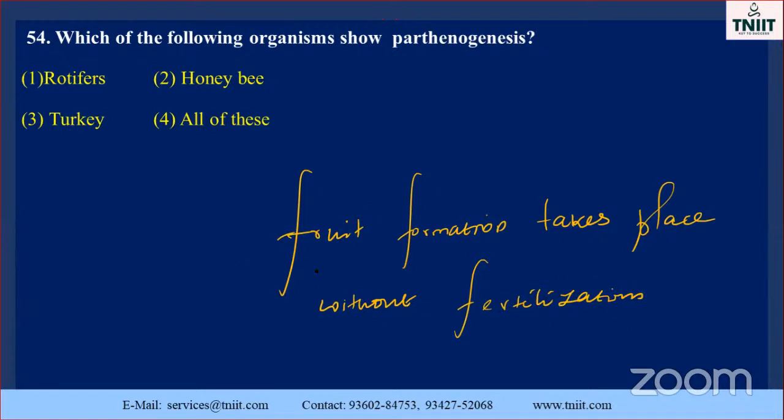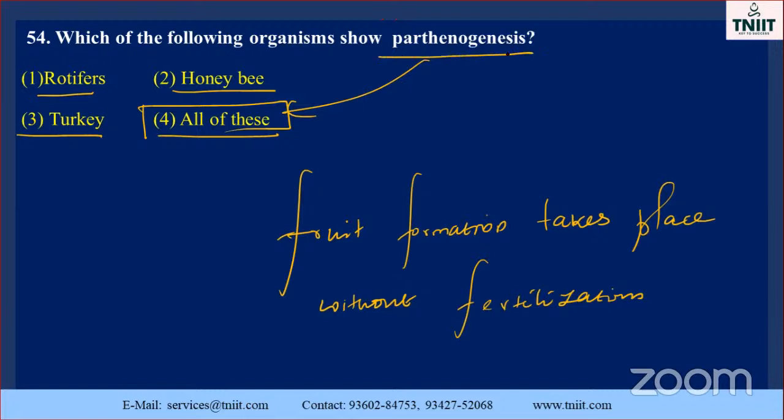Rotifers, honeybees, turkey. Okay, so of all of these, what is the option? This one is called all of these, the correct answer. This is also a known answer, but at the same time you have to practice it. Okay, rotifer, honeybee, turkey, these are all considered parthenogenesis organisms.